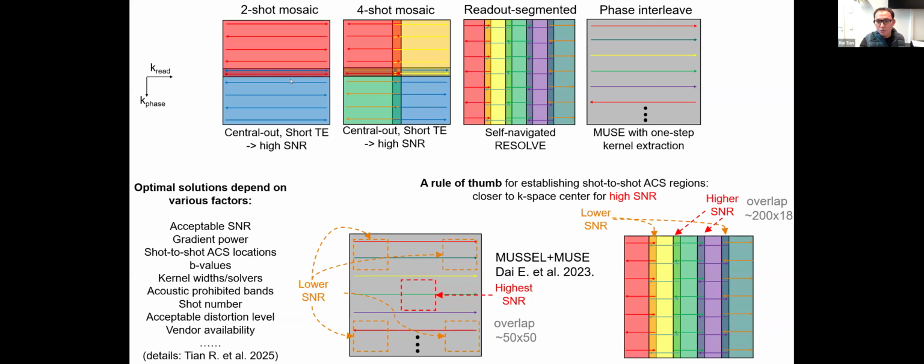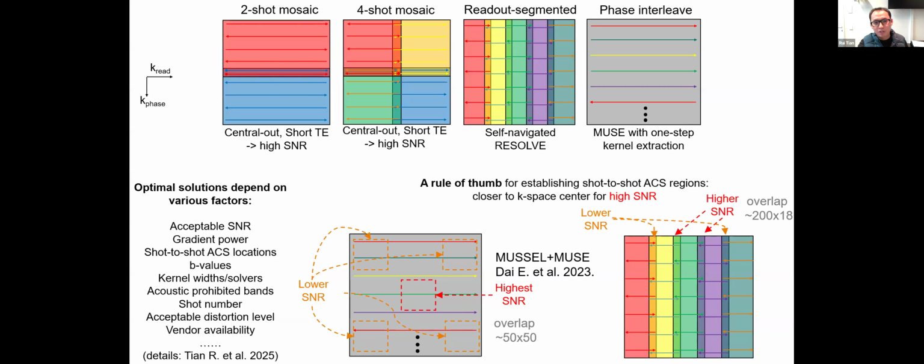So for each shot, you need an additional 2 to 3 lines. But after parallel imaging reconstruction, you can reconstruct an overlap region of about 12 or 15 lines, something like that. That is sufficient for this calibration. It's very high SNR, so their timing is not that much different actually.